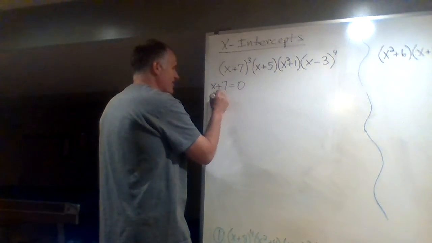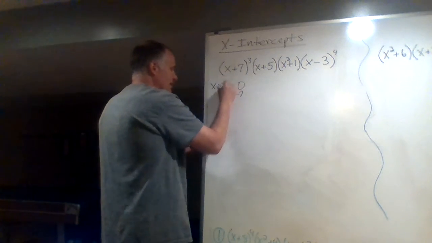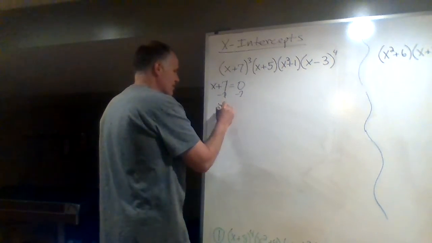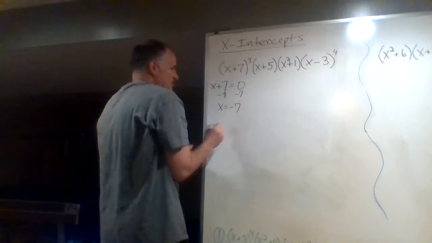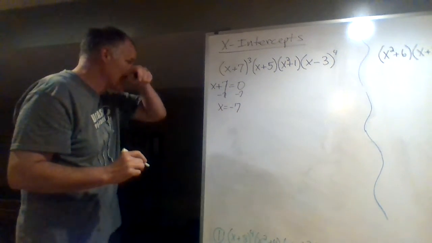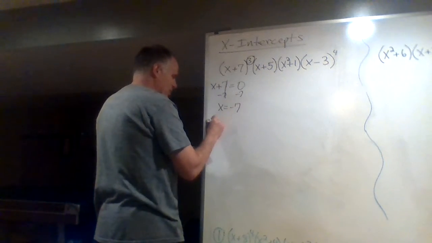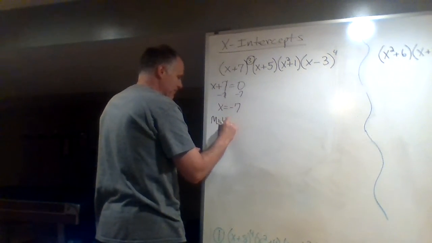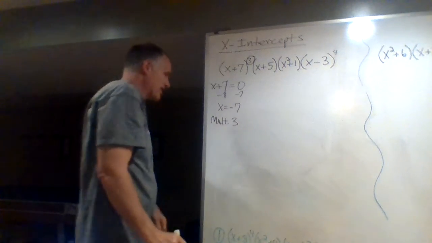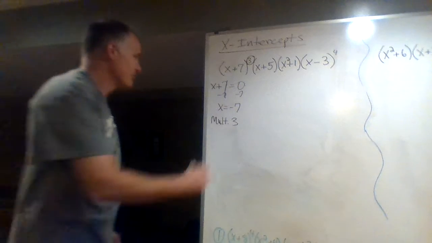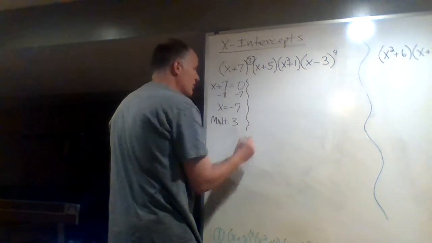Since it's x plus 7, I minus 7, so I get negative 7. But I have a power 3, so that is multiplicity 3, and there's our first answer.